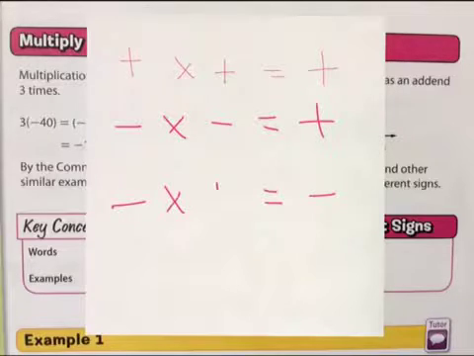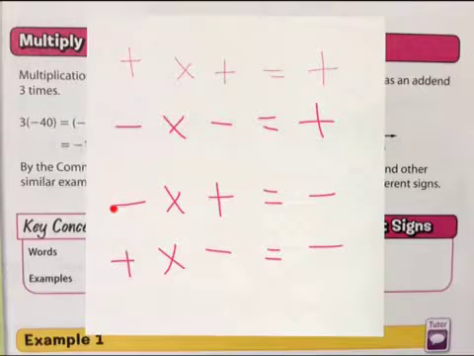Negative times positive is negative, okay? Or vice versa, positive times negative is still negative. So when you multiply opposites, it's always going to be negative. But if they're both the same, it's positive. You see that? If they're both the same, it's positive.